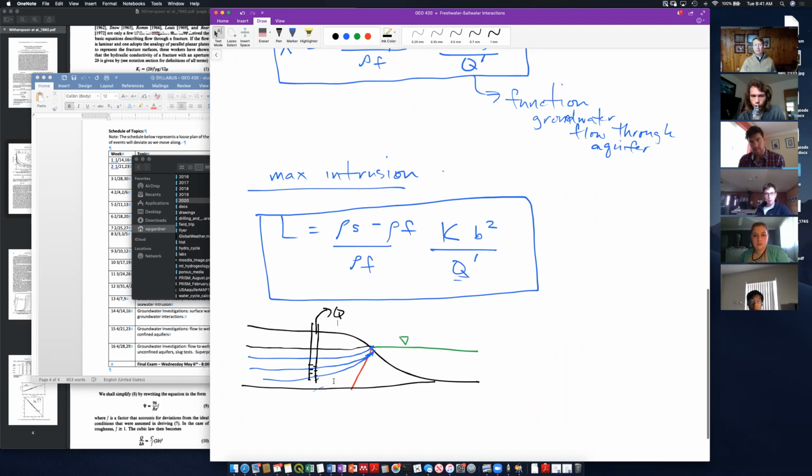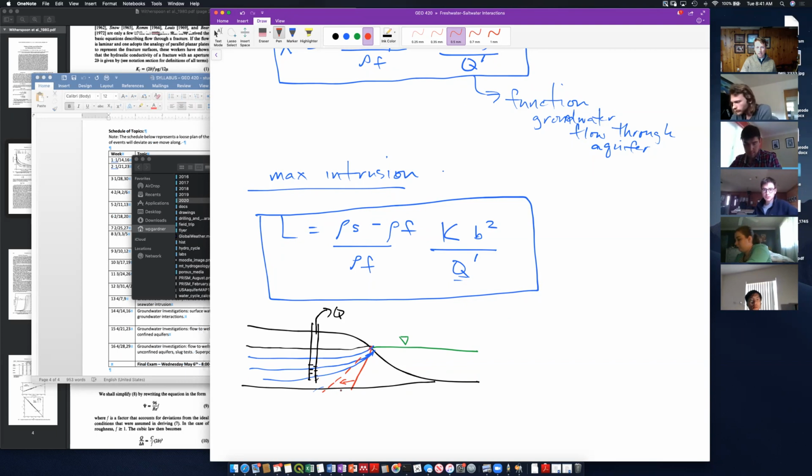You said you're lowering it. Yeah. If I'm taking water out of my aquifer, it's no longer discharging at the interface, so I've reduced Q prime. If I make this a smaller number, what's going to happen to the location of my saltwater interface? It's going to move inland. So if I pull Q out, I reduce Q prime, and my saltwater interface moves inland.